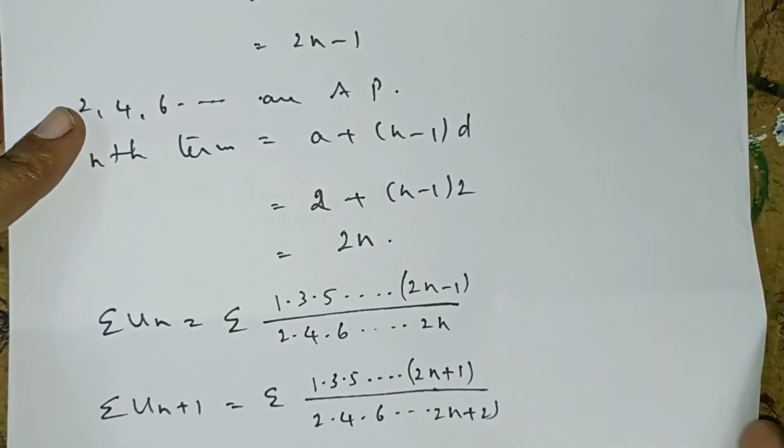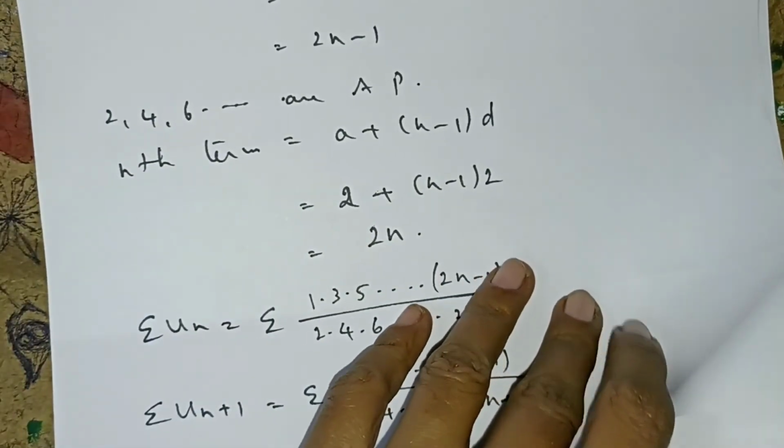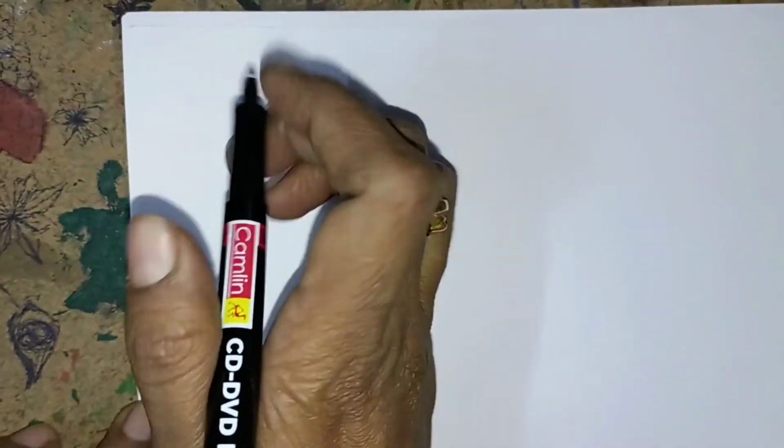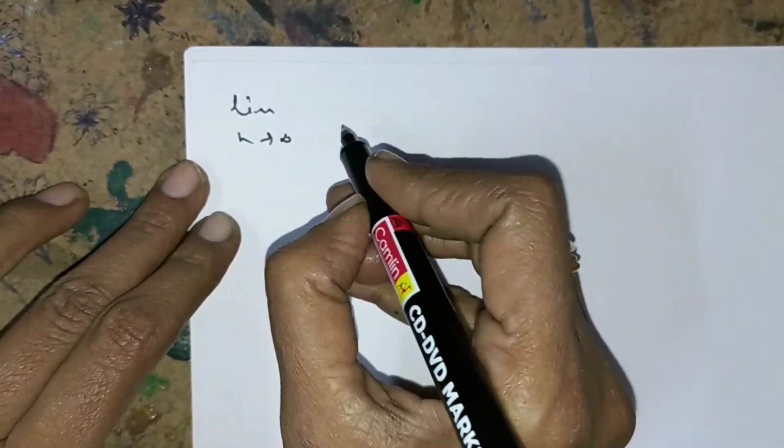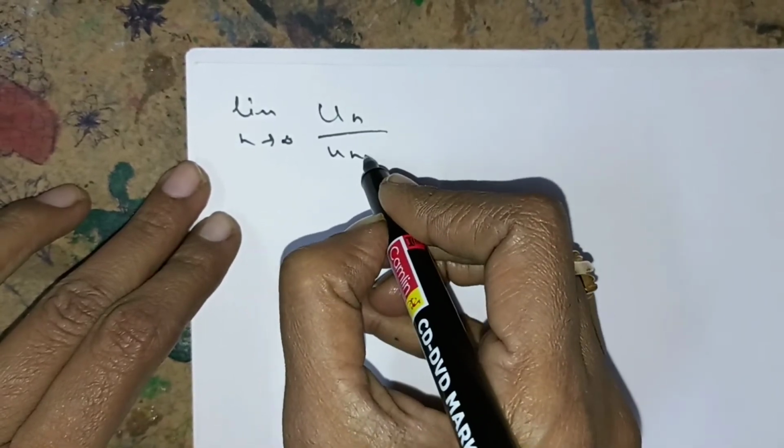Then we have to apply the formula: limit n tends to infinity of un by un plus 1.